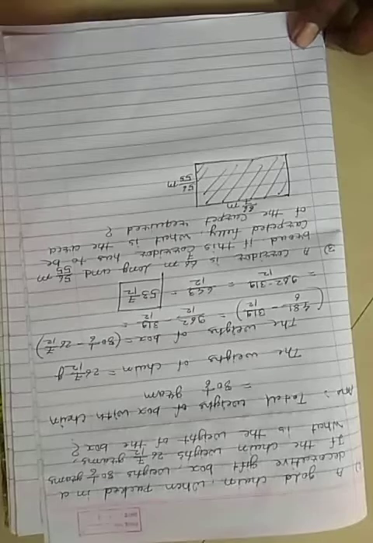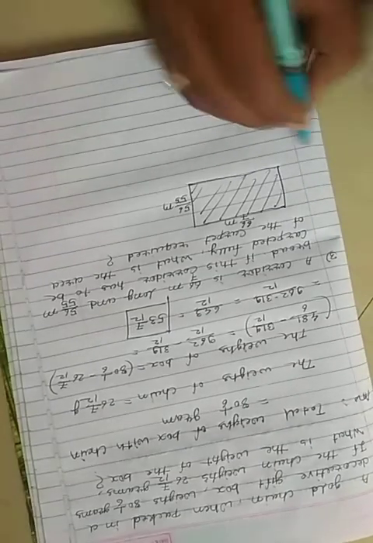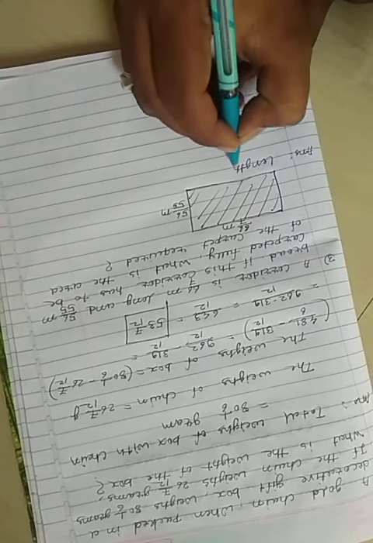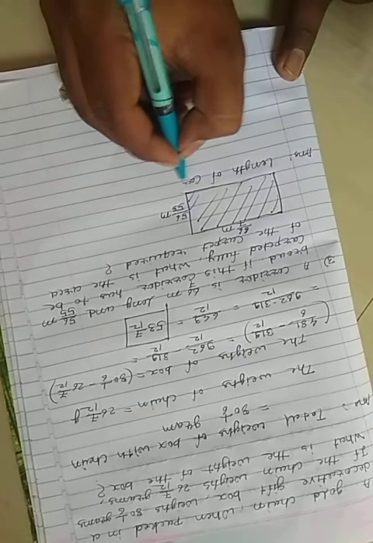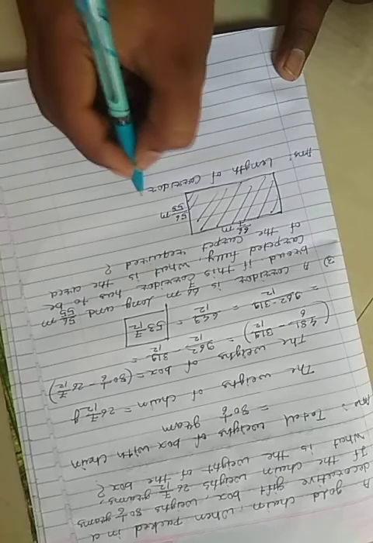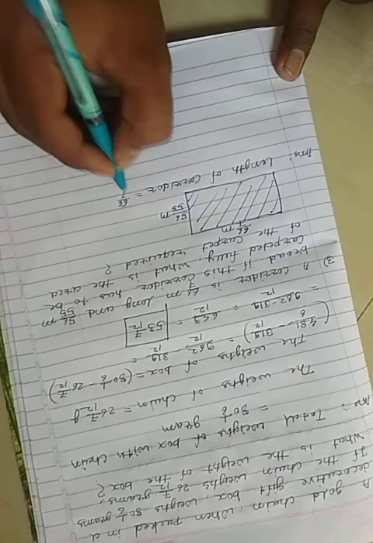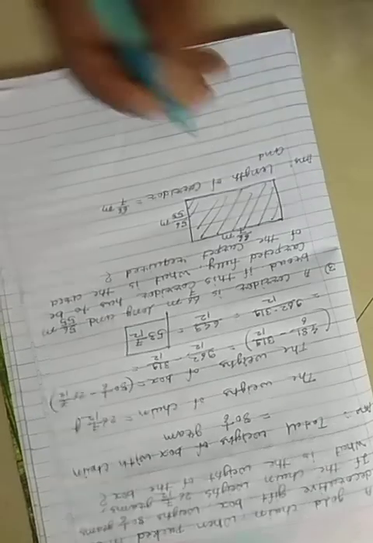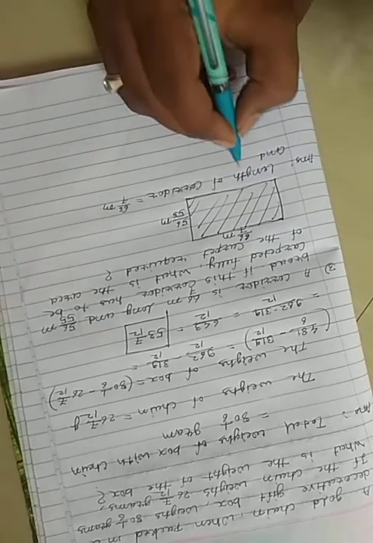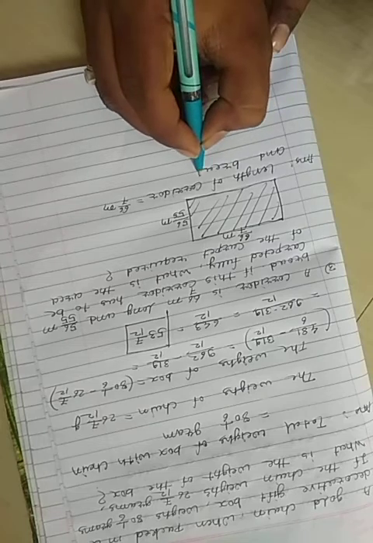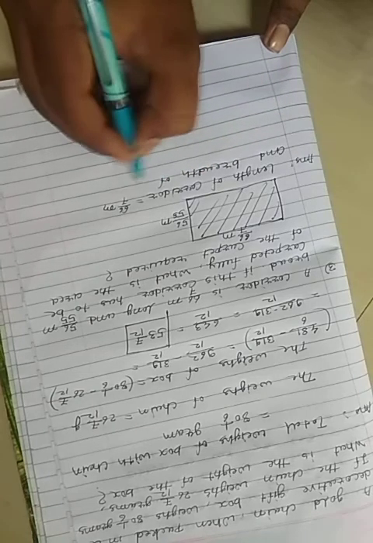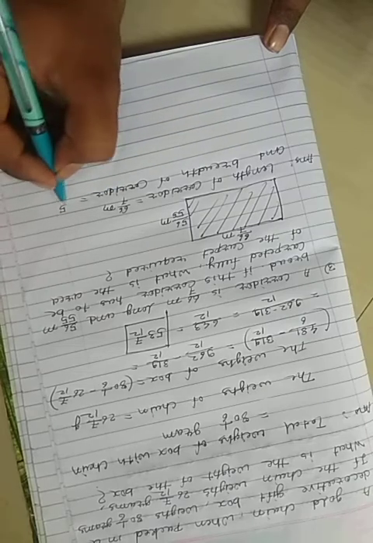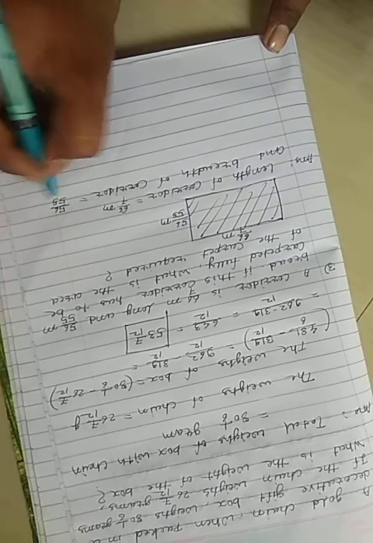So now in the answer we will mention: length of corridor is equal to 66 by 7 meter, and breadth of corridor is equal to 56 by 55 meter.